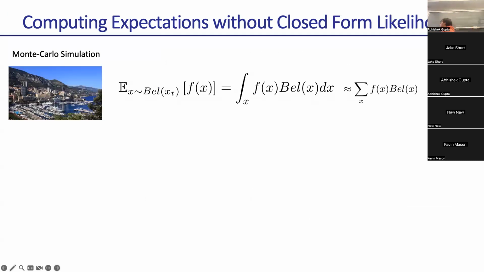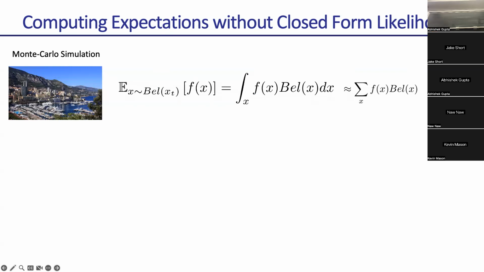Okay. So there's this idea called Monte Carlo estimation, right? Monte Carlo estimation, all that it means is that if I have a probability distribution and I don't know its closed form, but I can sample from it, I can replace averages with a sum over samples. So imagine that I didn't know the probability distribution, but I was able to draw samples from it.